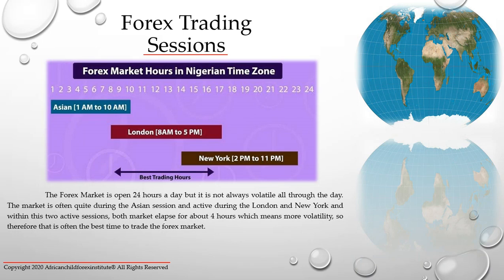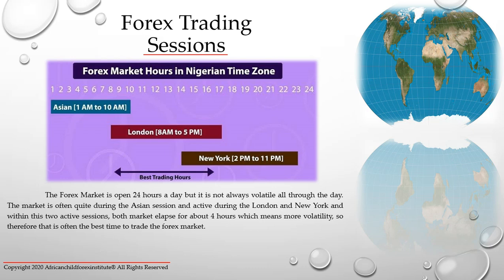And the New York session opens by 2 p.m. to about 11 p.m. We have other trading zones like Frankfurt, Tokyo, Sydney, whatever. But basically, we want to categorize this into three markets: the Asian, the London, and the New York. The best time to trade lies between the London and the New York sessions, because they are the most liquid aspect of the market.